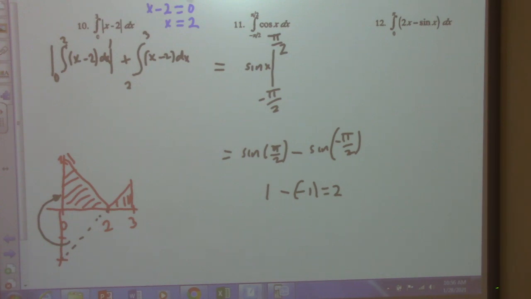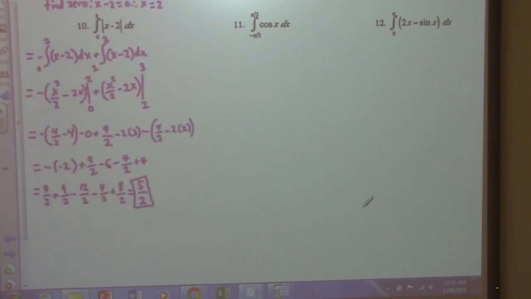So anyway, these are the ones that I think I'd worked out earlier. I think that's right. I didn't work out 11 there, but there's 10 worked out.